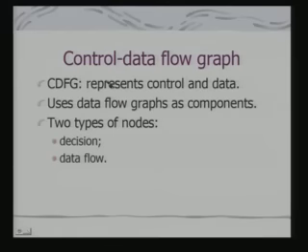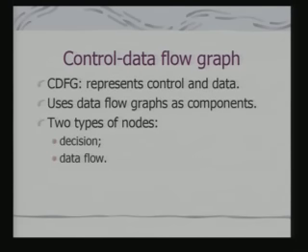So, another representation is the control data flow graph, which is another model, and the CDFG represents control and data. In fact, any computation can be modeled by a control data flow graph, because tasks themselves are not just data flows. There will be control decisions involved in each task element.